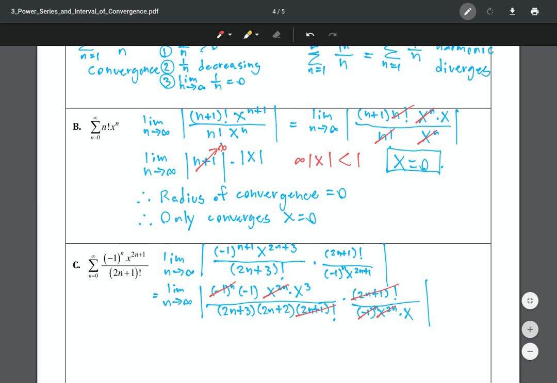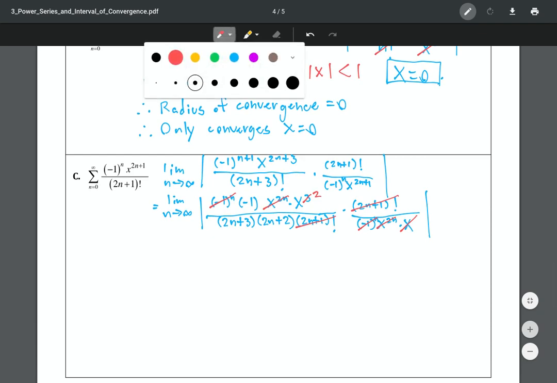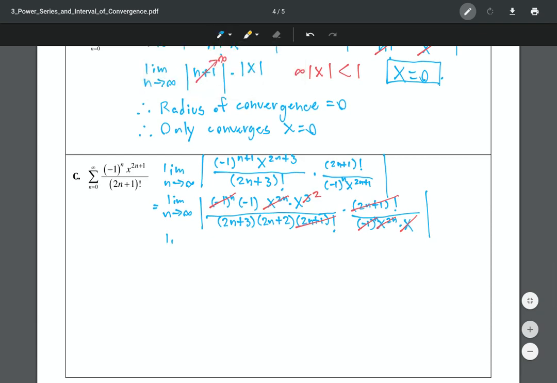Now let's see what I have left. Do I have a 1 over x? Is that right? Oh, no. This x reduces this to x squared. So this is going to be the limit as n goes to infinity.